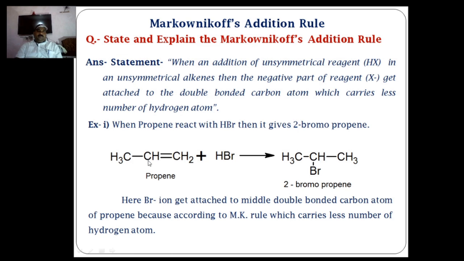Here CH carries less number of hydrogen atoms, so Br gets attached to the CH. In this way it gives 2-bromopropane. So in this reaction the Br negative ion gets attached to the middle carbon atom of propene, because according to the Markovnikov addition rule, this carbon carries less number of hydrogen atoms. This is the statement and explanation of the Markovnikov addition rule.